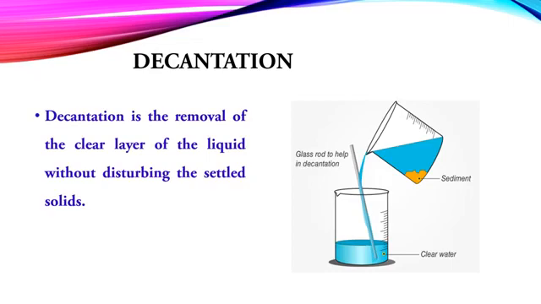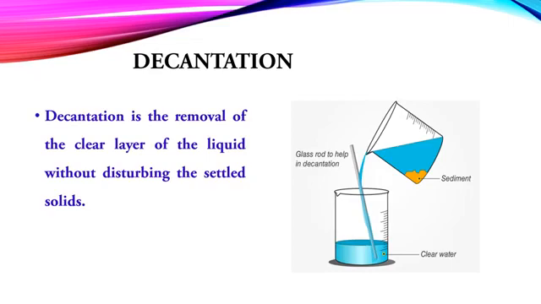Decantation is the removal of the clear layer of the liquid without disturbing the settled solids. The process of pouring out of a liquid from a vessel without disturbing the sediments is called decantation.